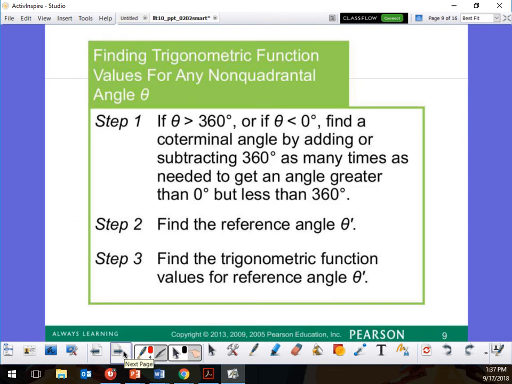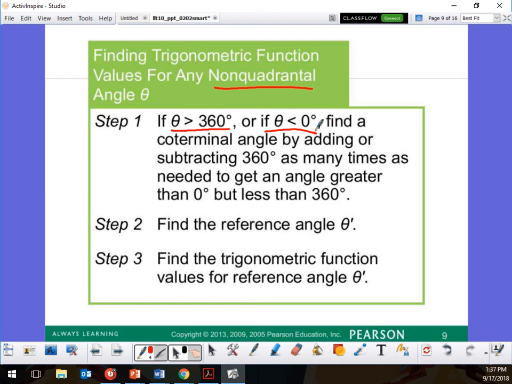Finding the trig value of any non-quadrantal angle. If it's on the axis, it's called a quadrantal angle. So if theta is less than 0 or greater than 360, I have to find the coterminal angle.